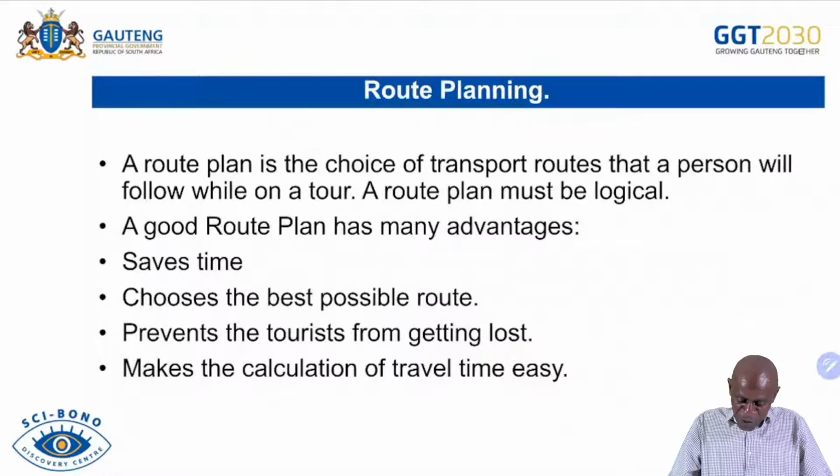You will not be confronted by muggers, and is it safe for you? So you need to choose the best possible route. That's how best one can explain it. It doesn't mean it must be short. It can be long, as long as it is movable and safe for a tourist.